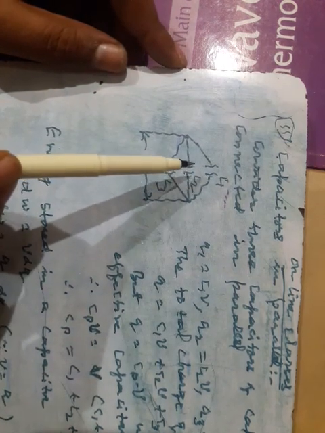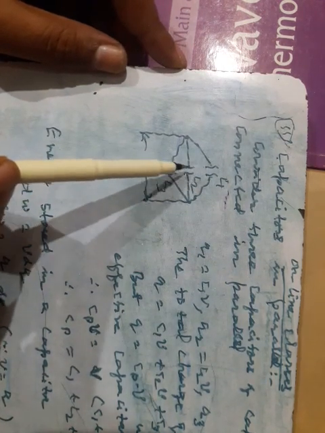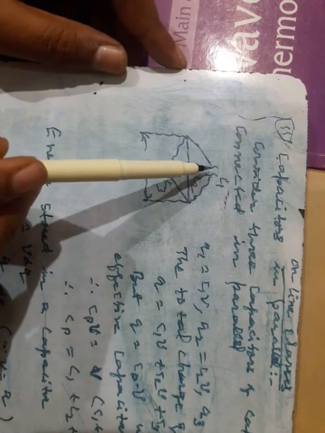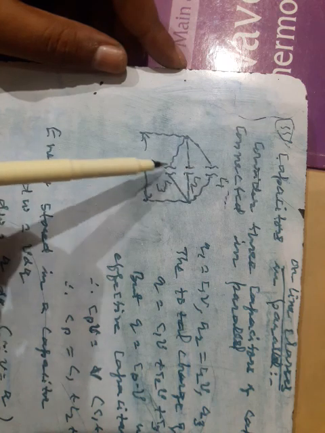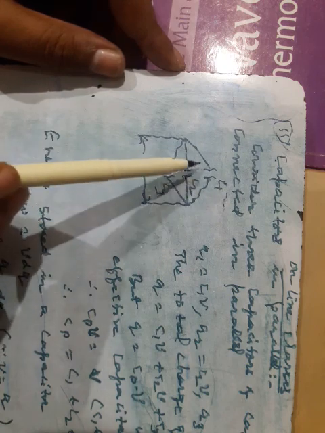Now next thing, capacitors in parallel. We want to discuss capacitors in parallel. Here in case of capacitors in parallel, in this figure one is upon other and also below, these capacitors are in parallel.